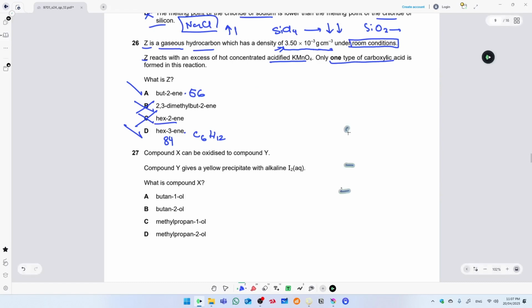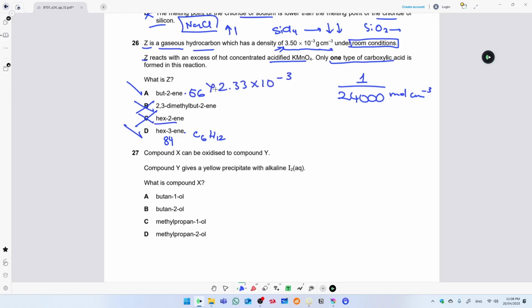So we said that the concentration is 1 over 24,000 mole per centimeter cube. If you multiply the Mr 56 by this, let's see what you get. 56 multiplied by 1 over 24,000, you get 2.333 multiplied to the power of negative 3, which is not the same as this.